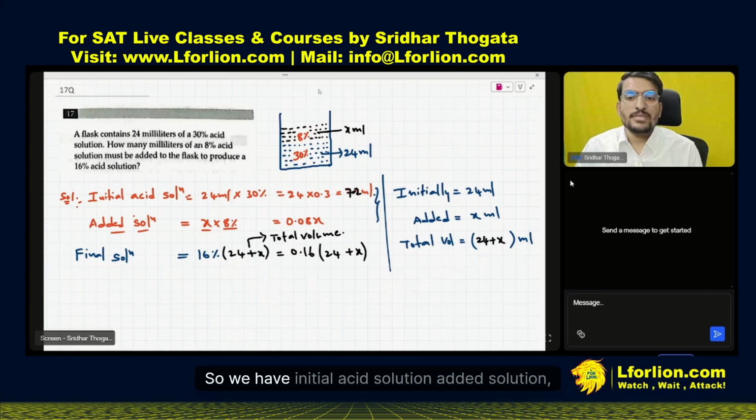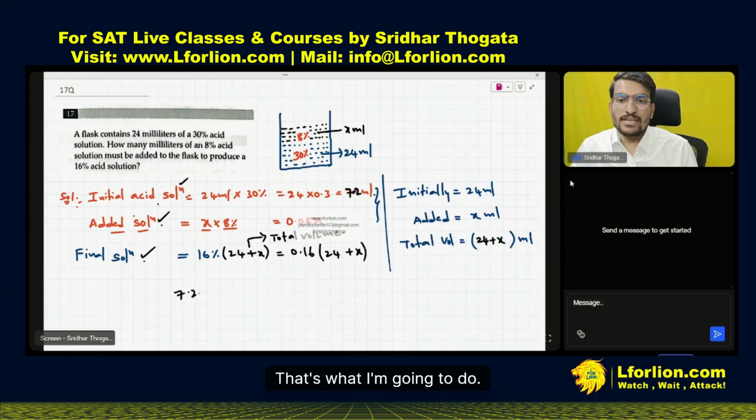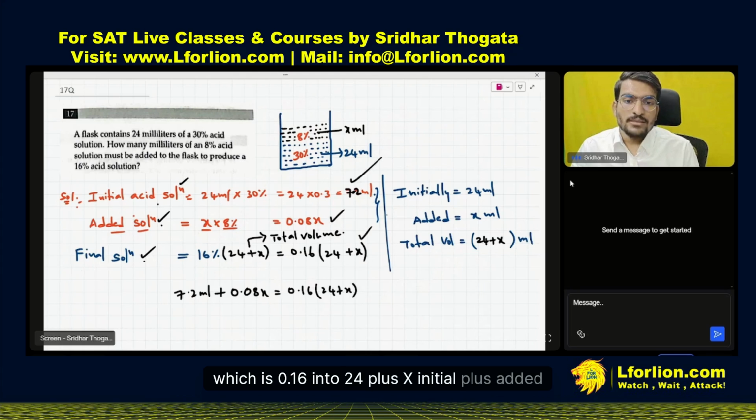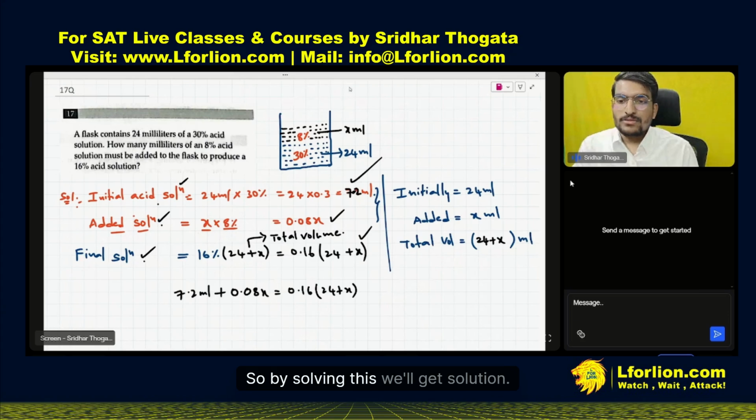So we have initial acid solution, added solution, and final acid solution. So what I'm going to do is initial plus added equals final, which is 0.16 into 24 plus x. By solving this, we'll get the solution.